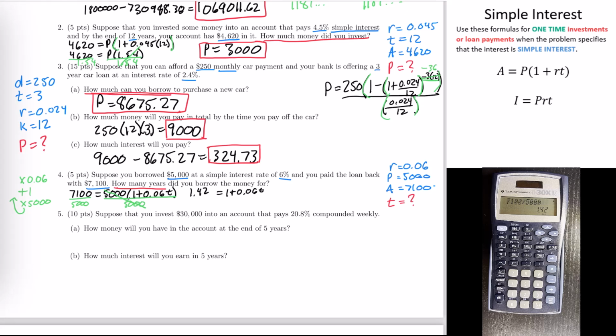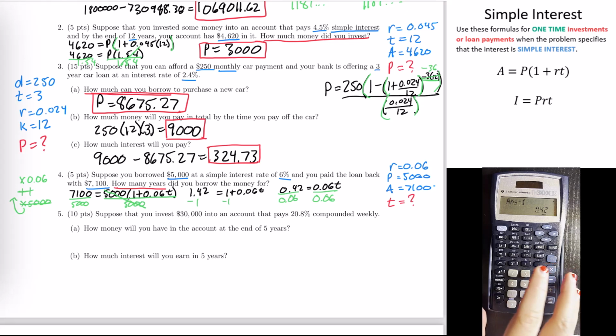So that undid this first step here. Now I'm going to undo the addition of 1 by subtracting 1 from both sides. And that should give me 0.42 equals 0.06t. And I'll catch up with that on my calculator. And then my last step is to divide by 0.06.